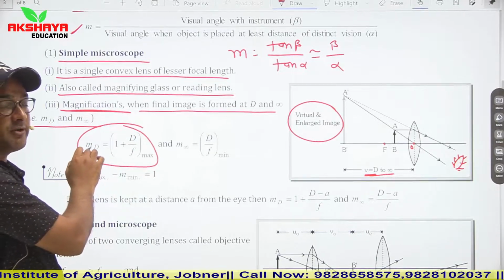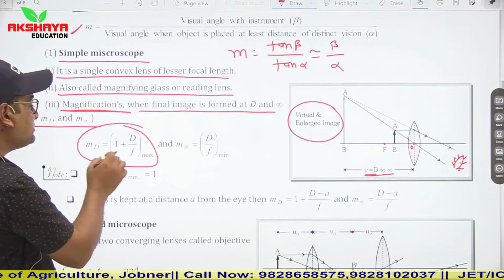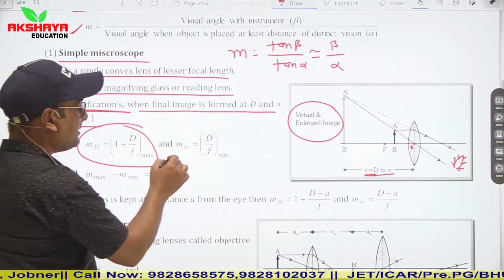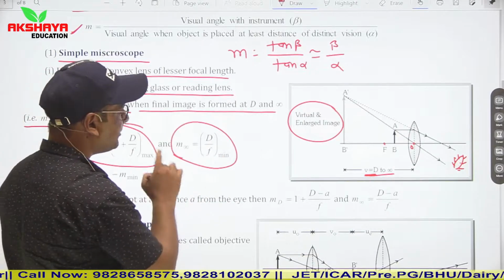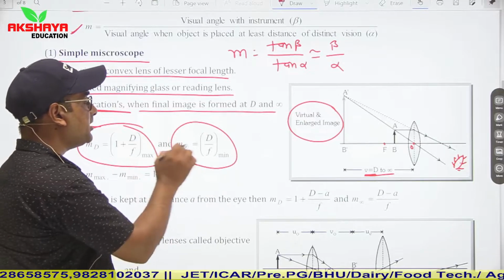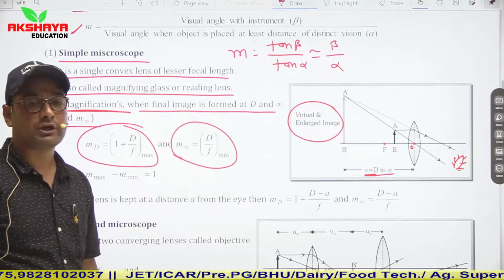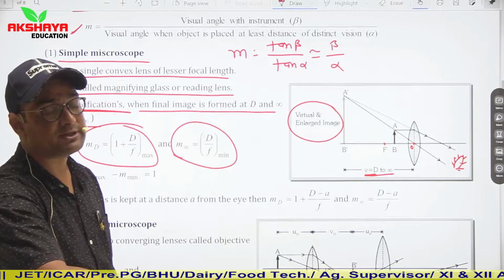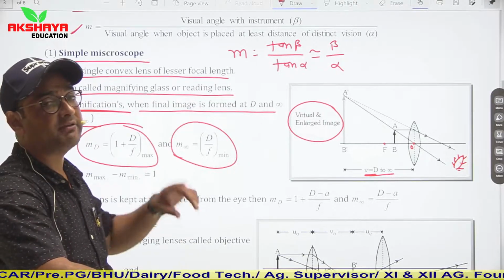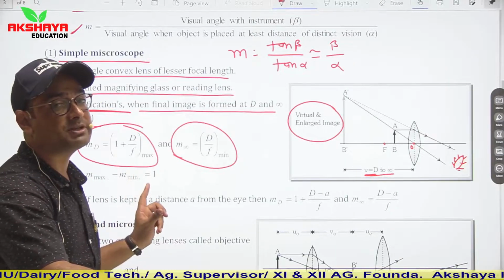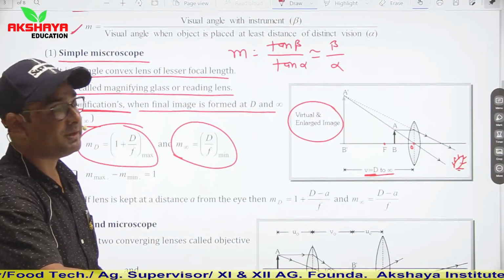When image is formed at least distance of distinct vision, then in that case magnification is maximum, 1 plus D upon F. And when image is formed at infinity, it means object is placed at focus. In that situation, magnification is minimum and it is D upon F. So keep in mind, when image is formed at infinity, magnification will be minimum, and when image is formed at least distance of distinct vision, magnification will be maximum.